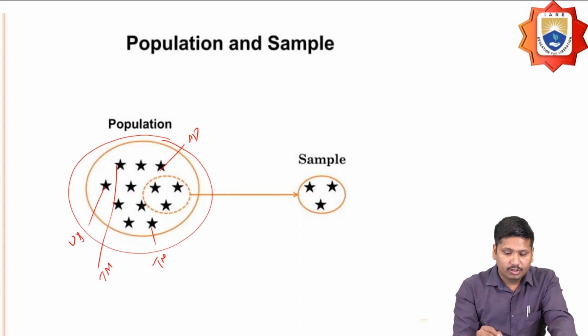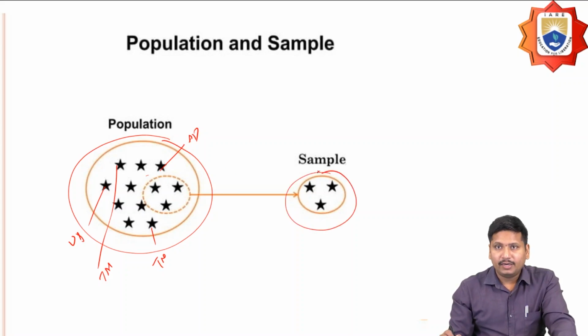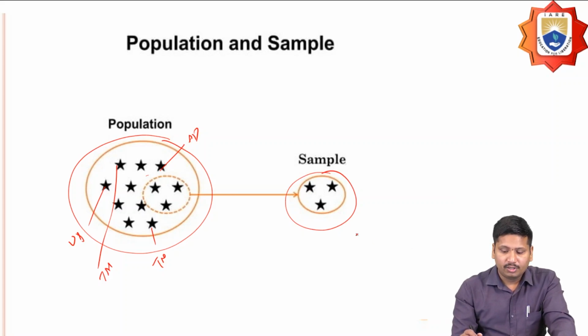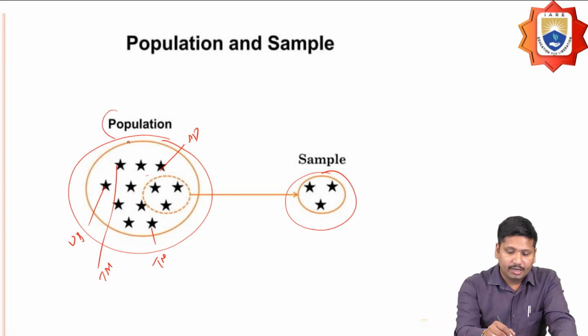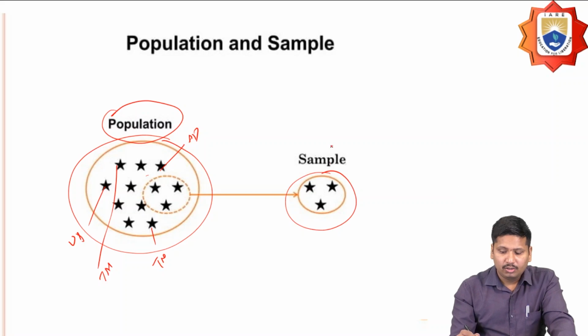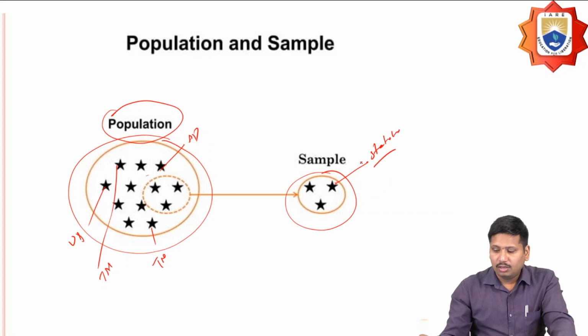So at that time, I have to take some samples. What characteristics I want to know about this sample, and what the sample is meant for. So in order to describe the entire population, if you make a study through the statistics on this sample, then I can understand what the population is mainly meant for, like that.